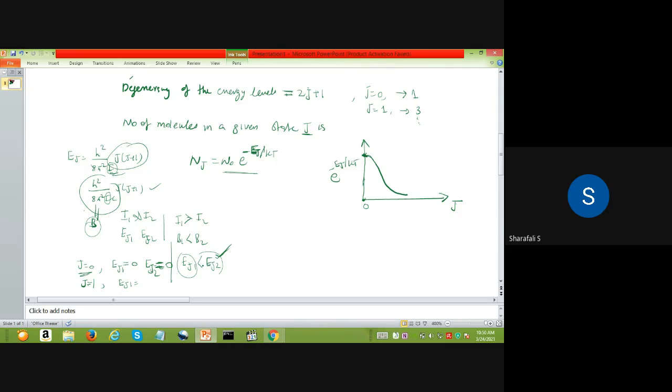And when EJ1 is there, then this will be going slowly. So the decay rate will be slow. So with respect to different B values, the exponential decreasing of this particular curve will be different for different B values.